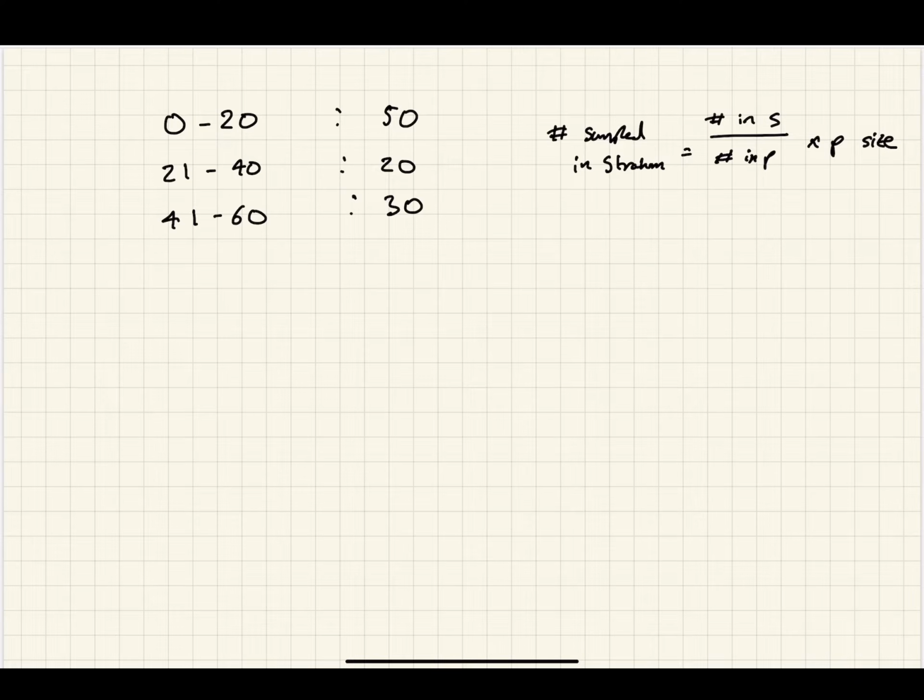So let's say we've got all of these workers and we want to sample from all the 100 people, we only actually want to sample 10 people. We don't want to sample everyone.